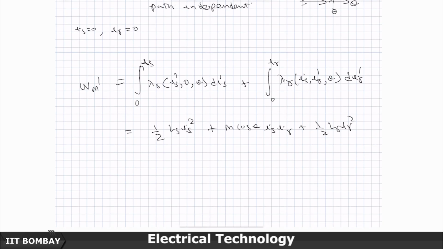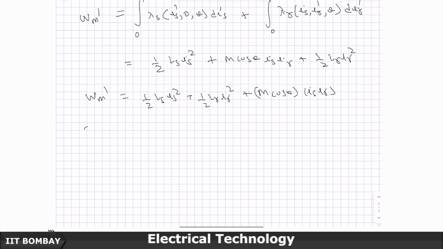So, you get Wm dash as half of LS IS square plus half of LR IR square plus M cos theta into IS IR. Now, you have accumulated the co-energy.